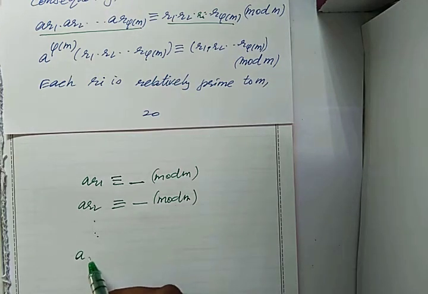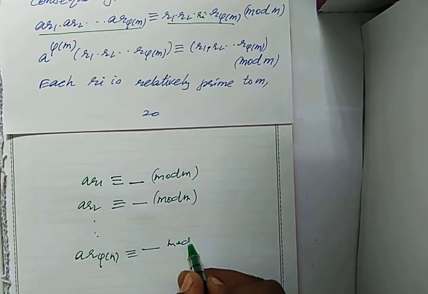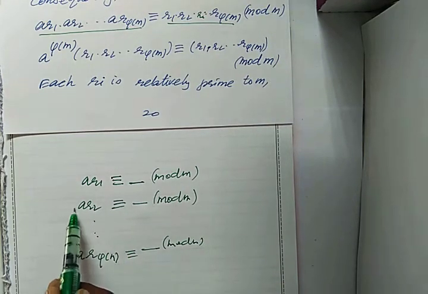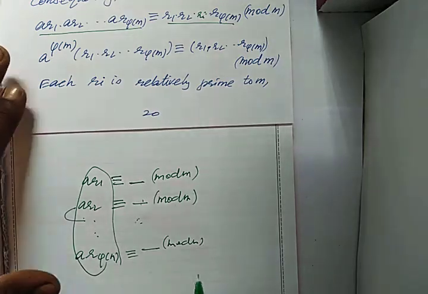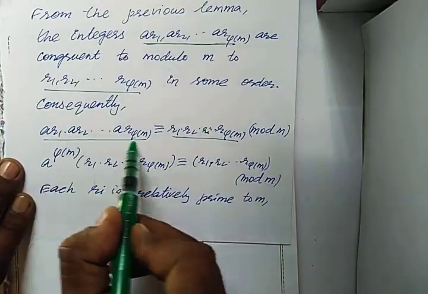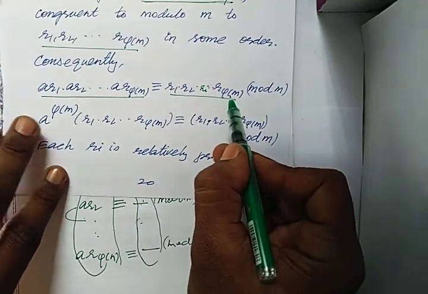Similarly, up to a r phi of m is congruent to some rj or rk mod m. See that if these two are distinct, then the corresponding remainders will be distinct. If we multiply all on the left hand side, we get this one, and if we multiply all on the right hand side together, we get this one, right?